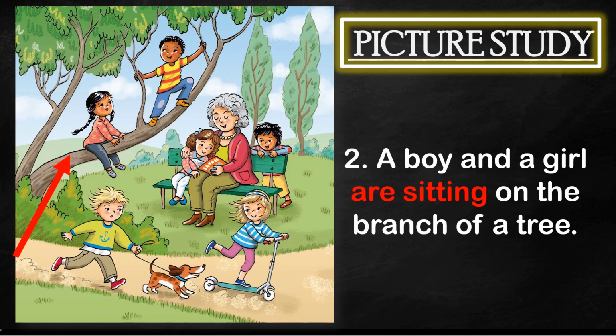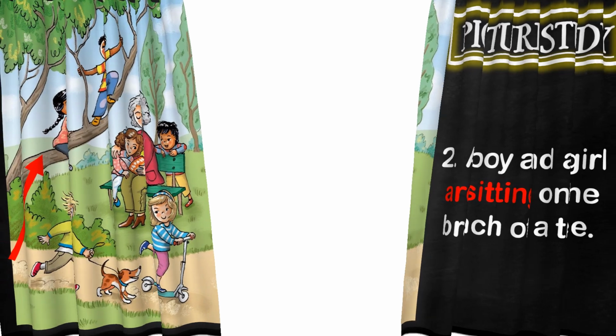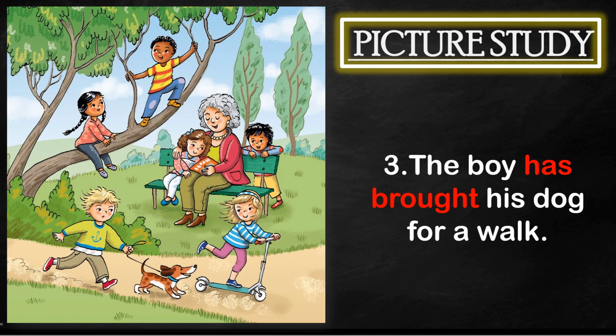We could also say a boy and a girl are sitting on the branch of a tree. Third step, the boy has brought his dog for a walk.